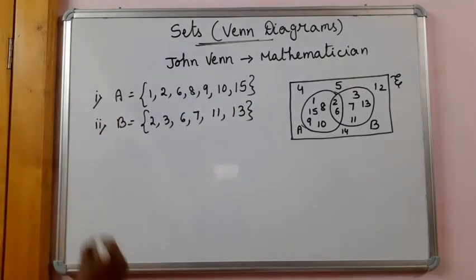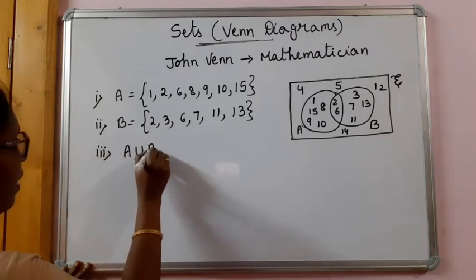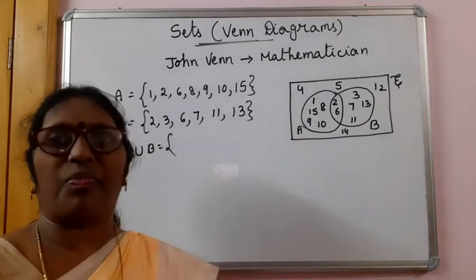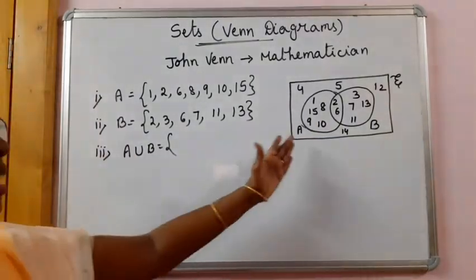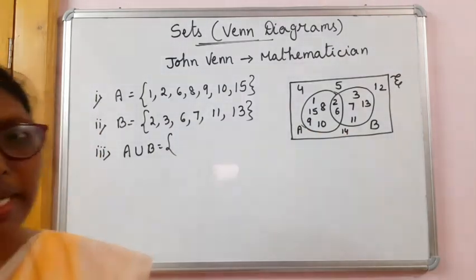Now let us represent A union B. You know that A union B means the elements which are present either in A or in B or in both.